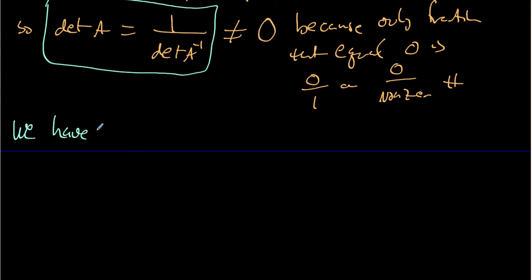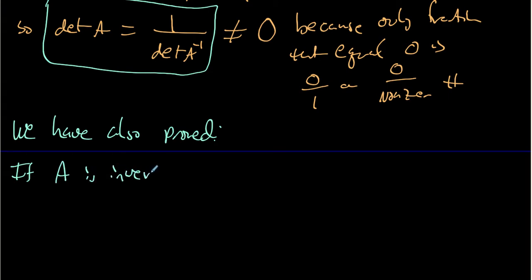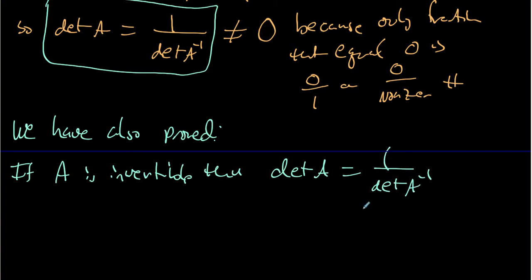We have also proved a second fact, that if A is invertible, then the determinant of A and the determinant of A inverse are multiplicative inverses of each other. You can rewrite this fact here as the determinant of A inverse would also be 1 over the determinant of A.